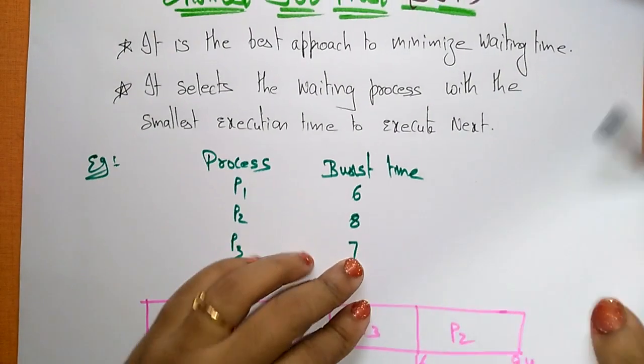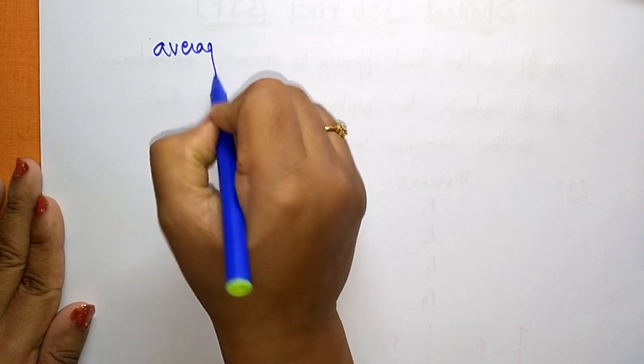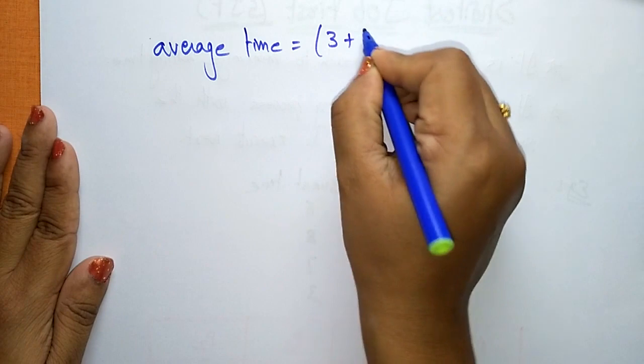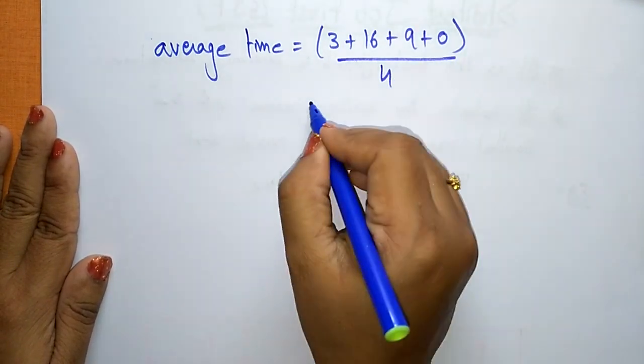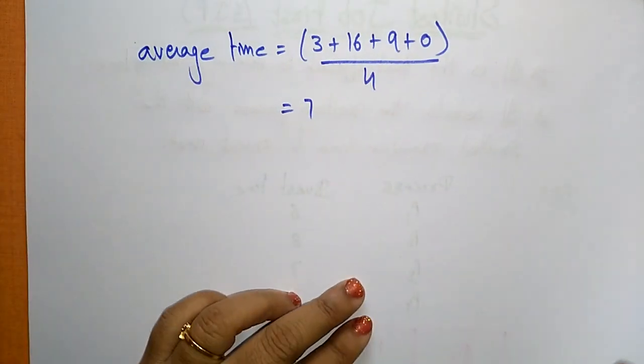Then what is the average waiting time for this? The average time is equal to 3 plus 16 plus 9 plus 0 divided by 4, so you will get 7. That is how you calculate shortest job first.